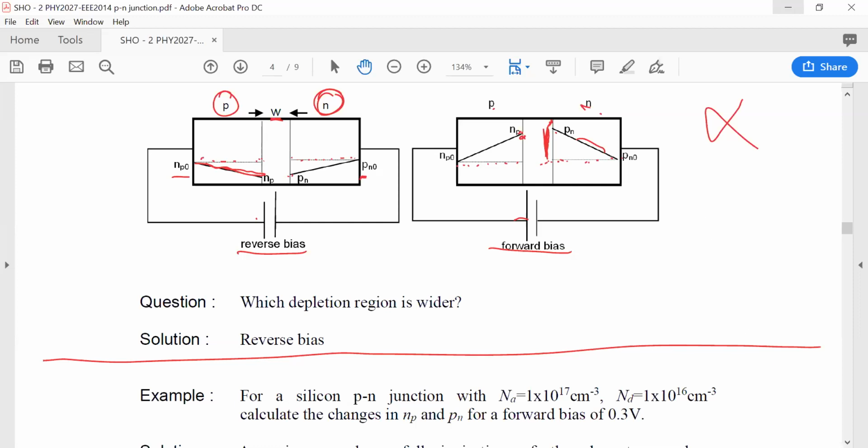So we have an example to demonstrate what the values or the changes could be in these minority carrier concentrations. The question is, if we assume a silicon PN junction, we need to know the doping level, and we're given that here.